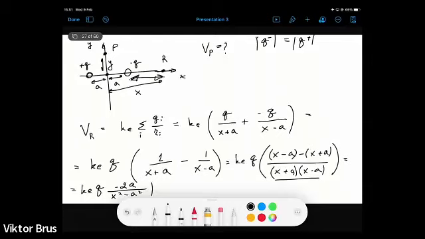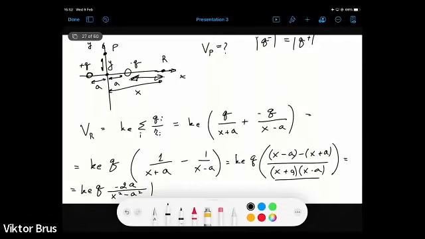If we consider some direction x, for instance, the electric field component along axis x will be equal to the negative first derivative of electrostatic potential over dx. That is also valid for all other directions, y and z, in the three-dimensional case.